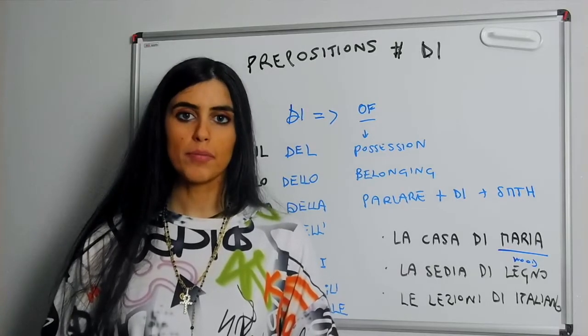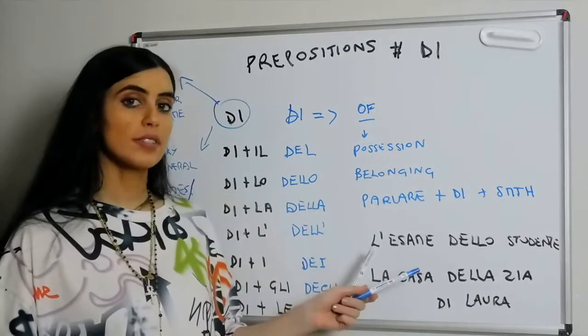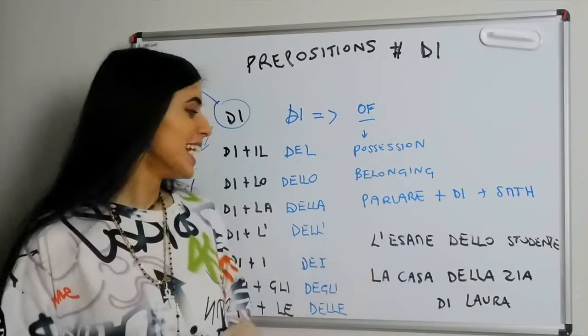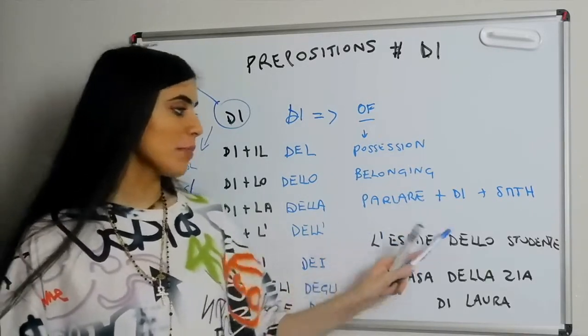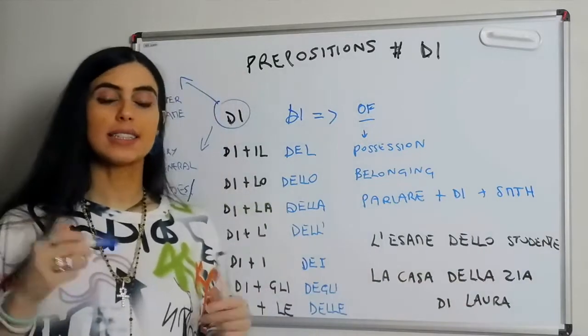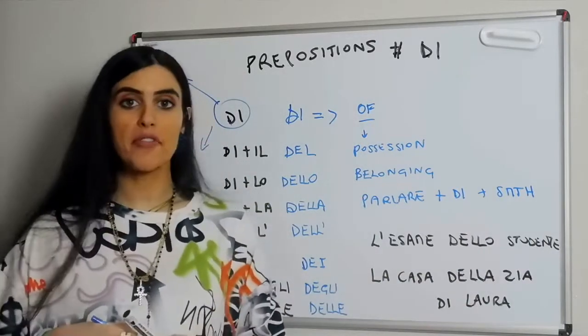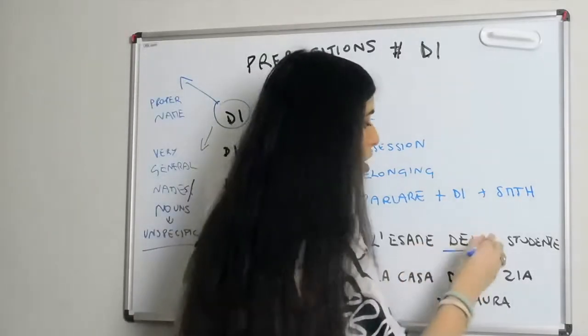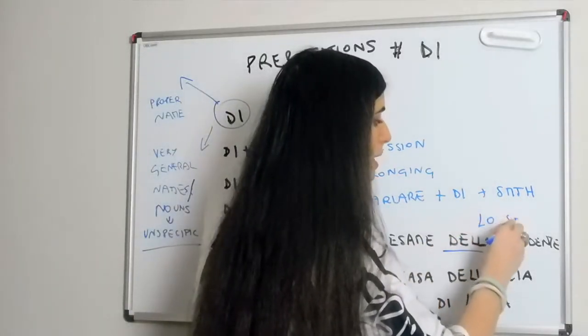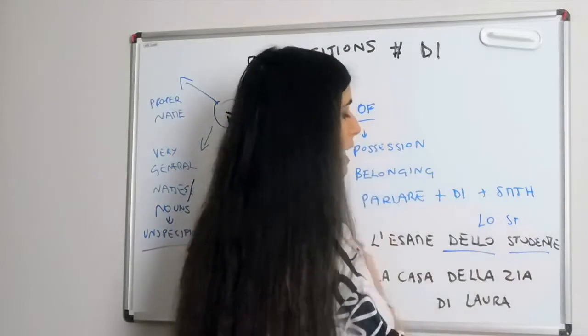For example, guys, just like that, we have changed the sentences. So we're gonna have l'esame dello studente, so the test, the exam of one specific student. So that's why we have dello. We have lo, S plus T, this is masculine, right?